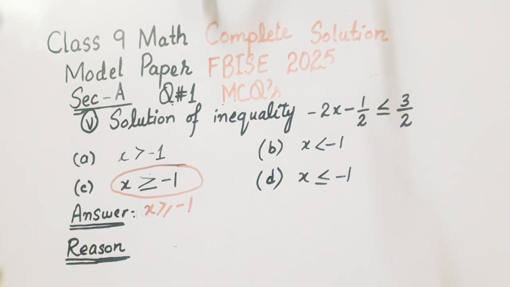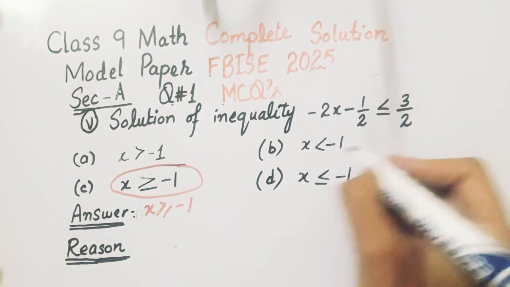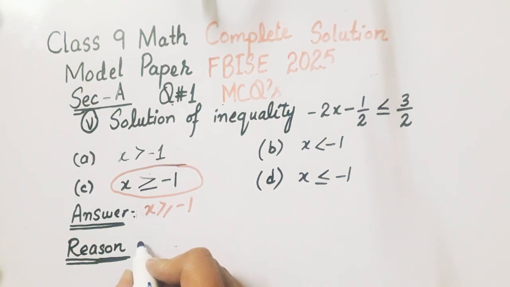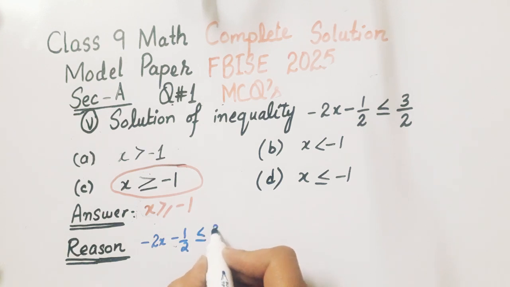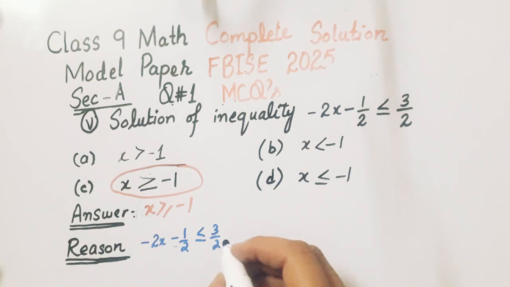And the reason behind this is we will solve this. Minus 2x minus 1 by 2 is less than or equal to 3 by 2. Minus 1 by 2 is subtracted on the left hand side, and when we move this to the right hand side it will become added.